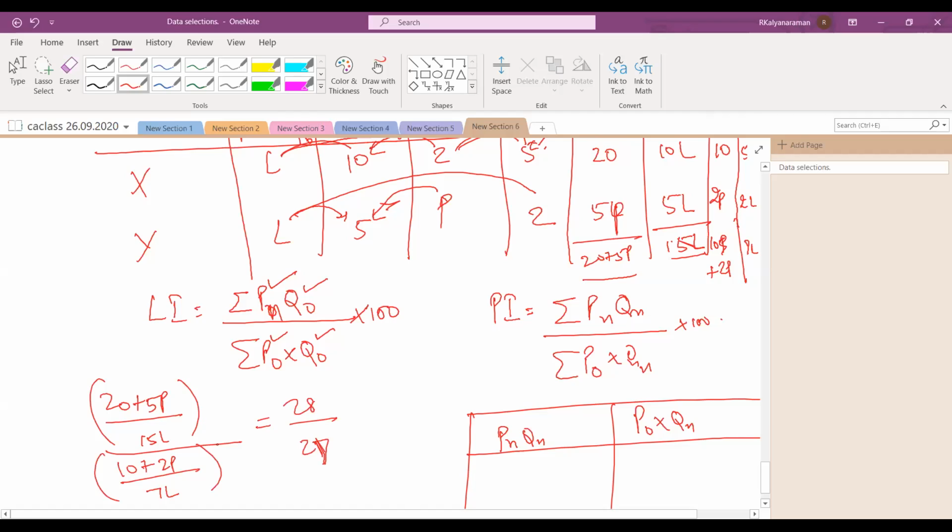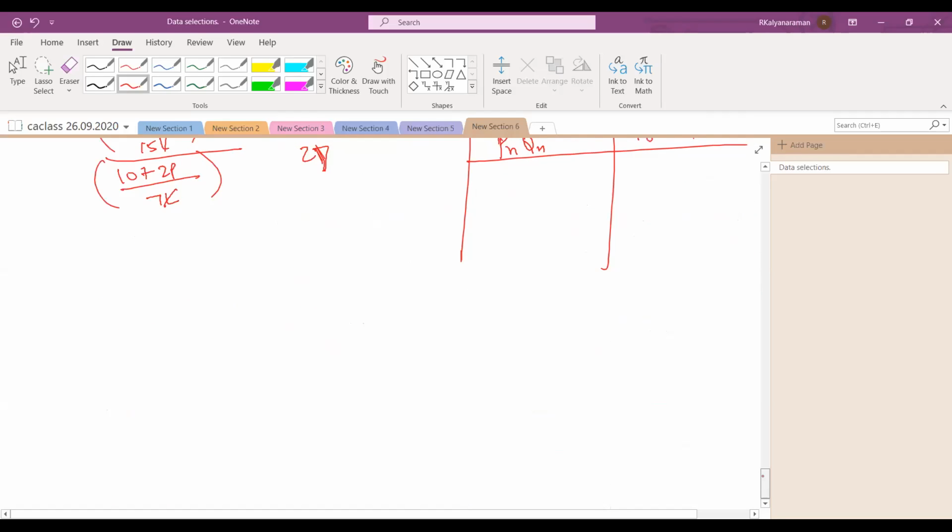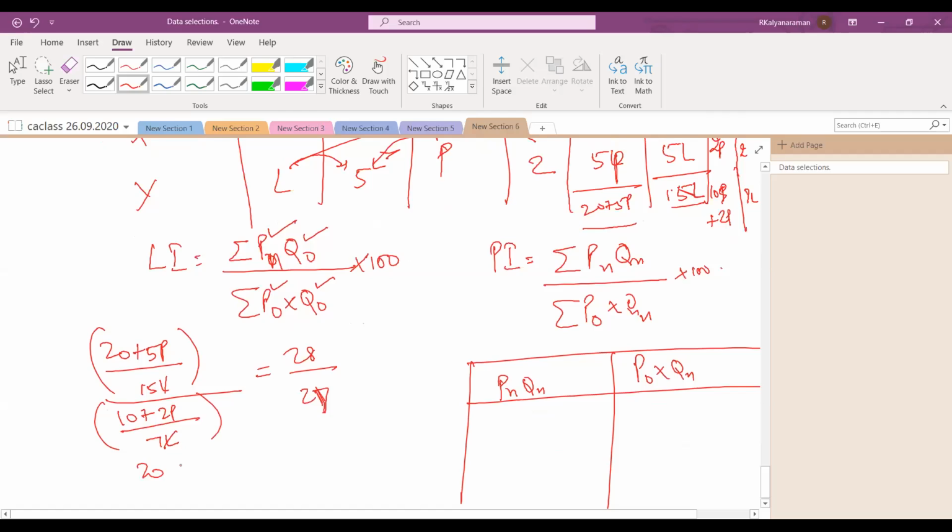So this L and this L will go. So we have 20 plus 5P by 15 into 7 by 10 plus 2P. This is equal to 28/27. So we have a 7 4s are 28. And then if you solve the equations, you'll get the value.